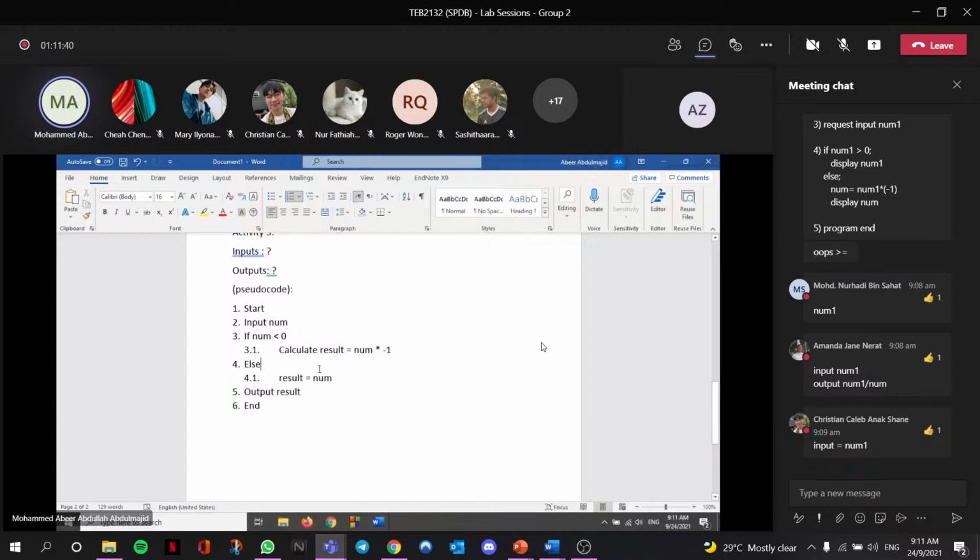If you do it the other way, checking for a positive number, you have to check like this: if num greater than 0, and then you will have to switch your result.